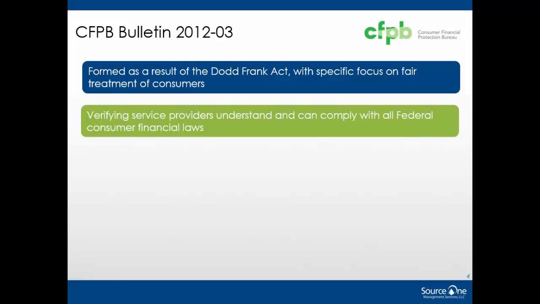That puts the onus back on the bank to be sure they promptly act on any service provider default. And so, with that all being said, there have been recent findings and actions taken by CFPB.